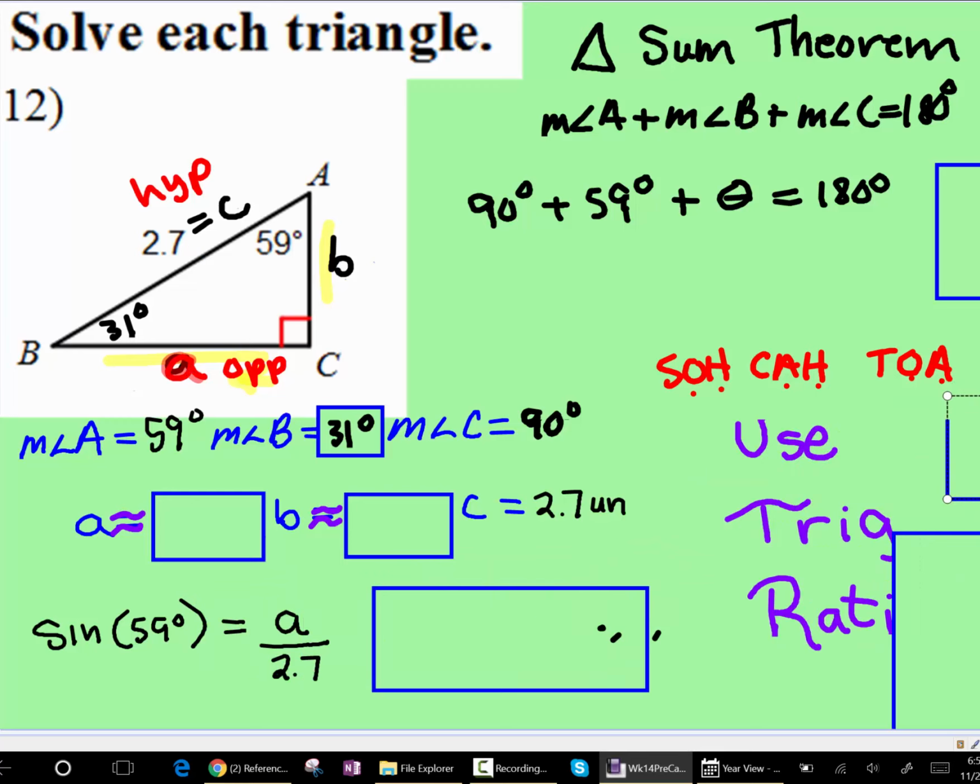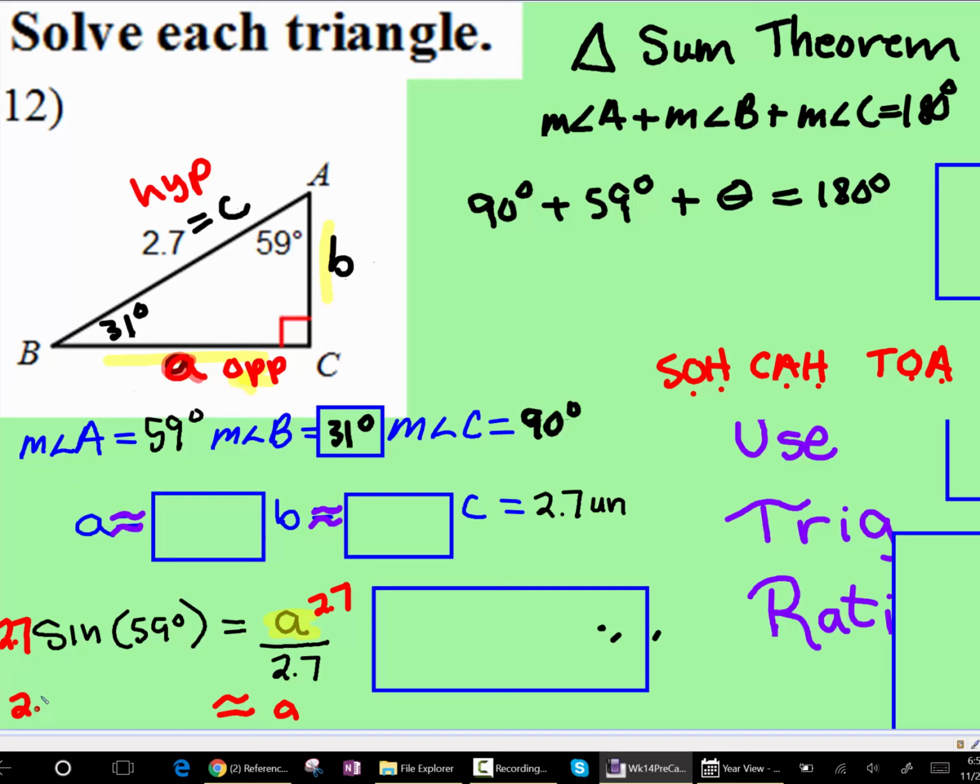Now, how do we get that a by itself? Yeah, we would just multiply both sides by 2.7. And then you can just put this into your calculator exactly like this.